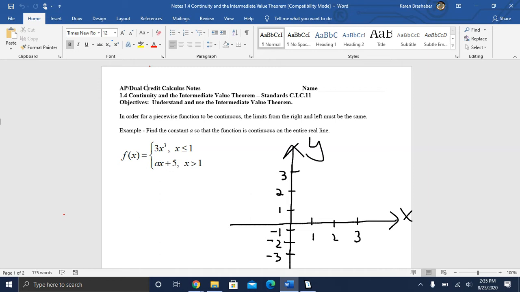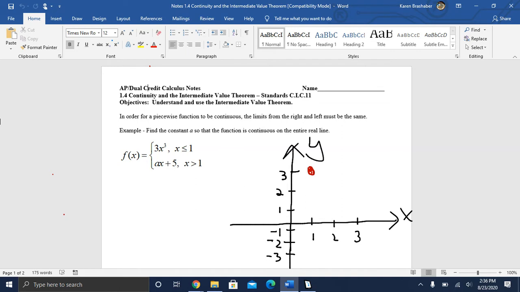So what we have here is f of x equals 3x cubed, and that's for x's that are less than or equal to 1. And so I'd like to go ahead and graph that. When x is 1, then our y value, 3 times 1 to the third, would be 3.